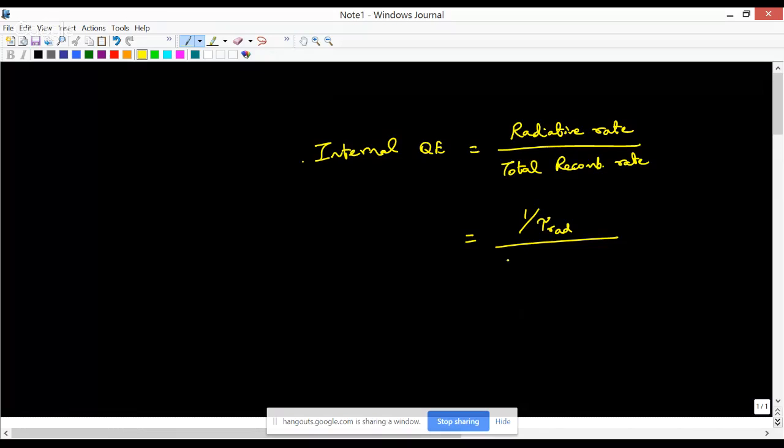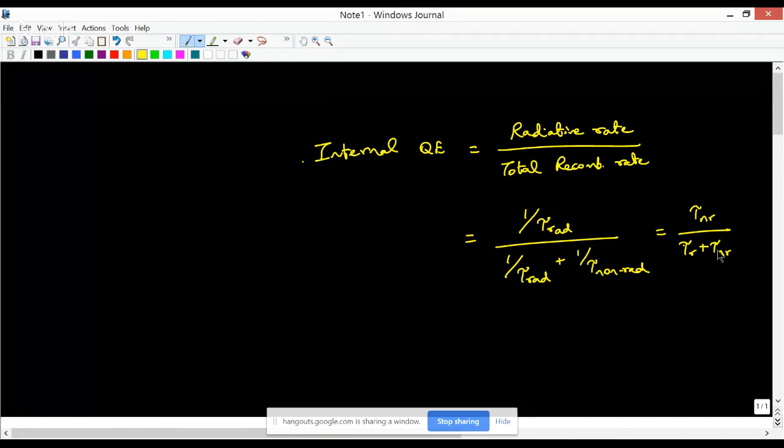And similarly, if you write for the denominator also, that's going to be 1 over tau radiative plus 1 over tau non-radiative. Which, if you work out the math, is going to come as tau nr divided by tau r plus tau nr, right? So that is what we call the internal quantum efficiency.